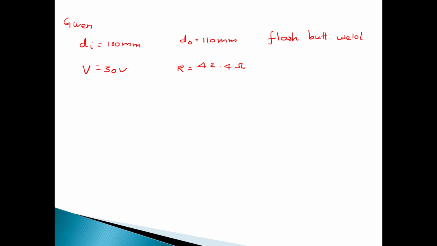Given: inner diameter 100 mm, outer diameter 110 mm, by means of flash butt weld, voltage is 30, resistance 42.4, energy 64.4 mega, so 10 to the 6 joule per meter cube.